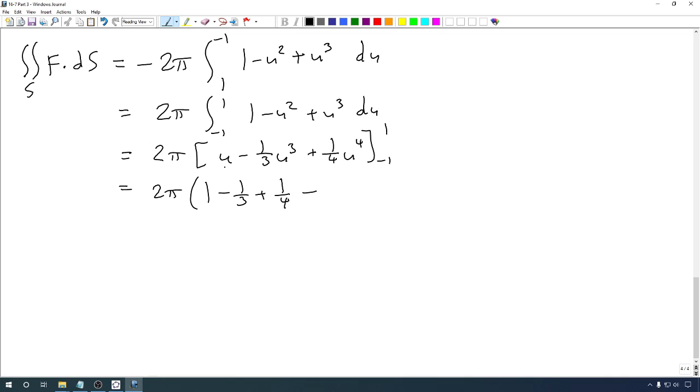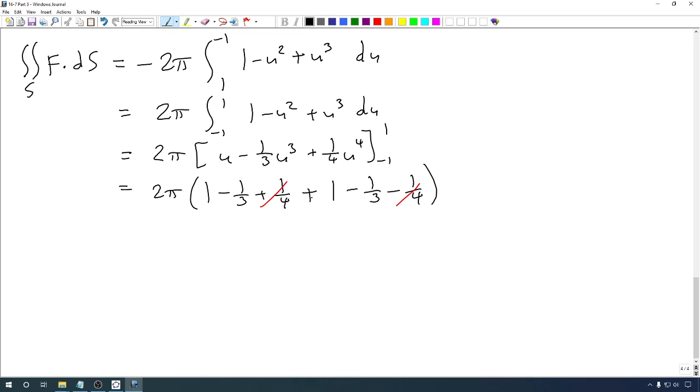So when we plug negative 1 in here and we subtract it, we end up with a minus negative 1, so a plus 1. Here we end up with a minus 1/3 that was times a negative 1 that's being subtracted. Overall, we end up with 3 negatives, so we have a minus 1/3. Finally, we are subtracting 1/4 times 1, because the 4th power gets rid of the negative, so we end up with subtracting a 1/4. That does mean that the 1/4s actually do cancel out.